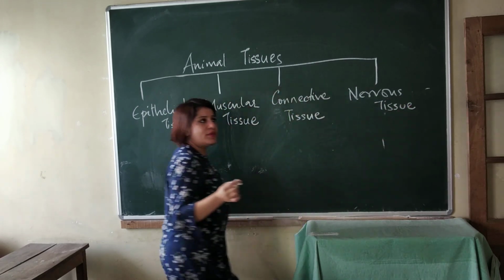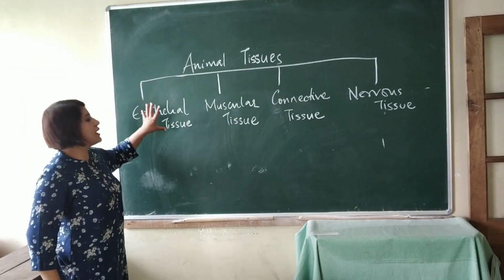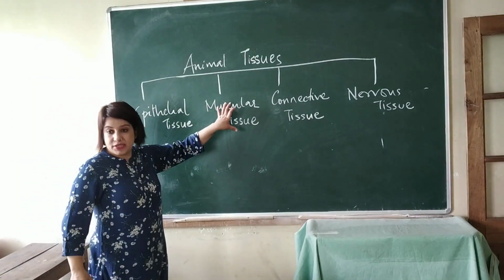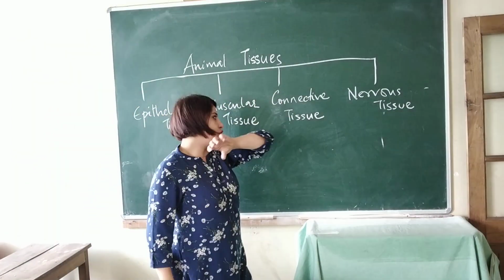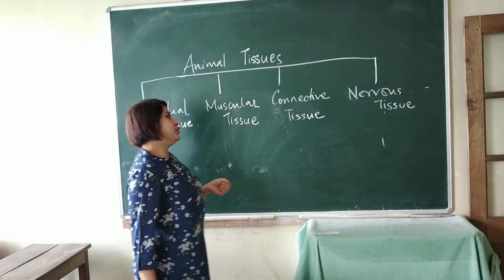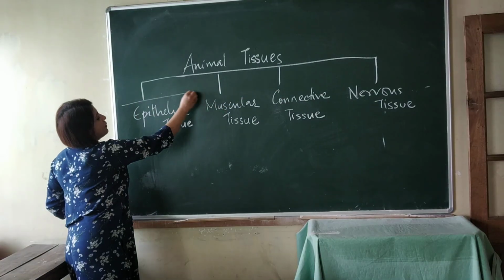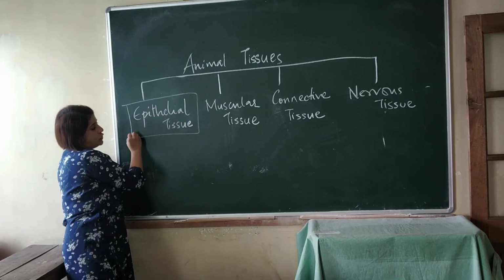So the 4 types of animal tissues are epithelial tissue, muscular tissue, connective tissue, and nervous tissue. Today we'll be discussing epithelial tissue.